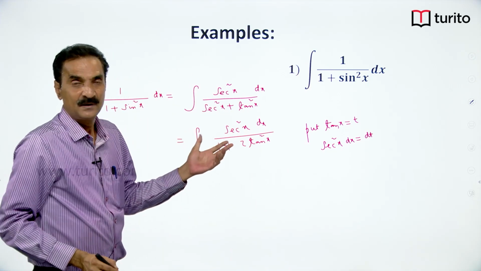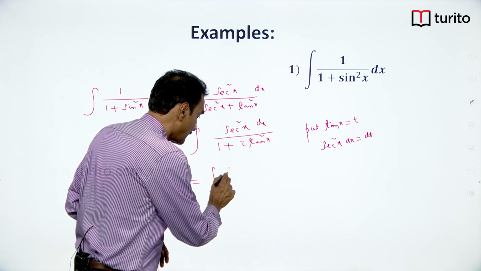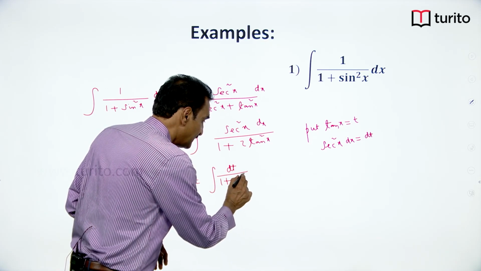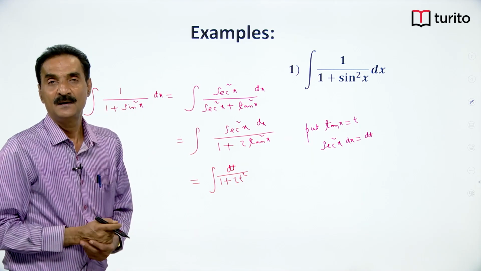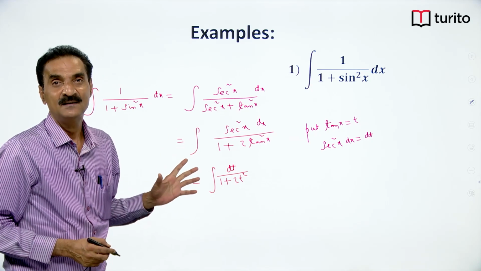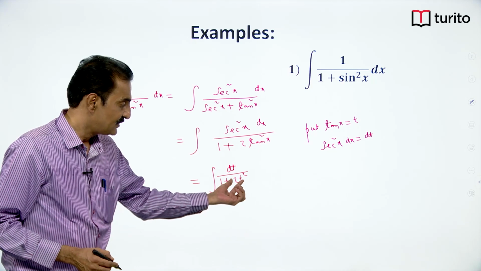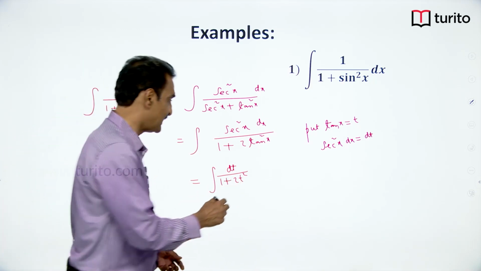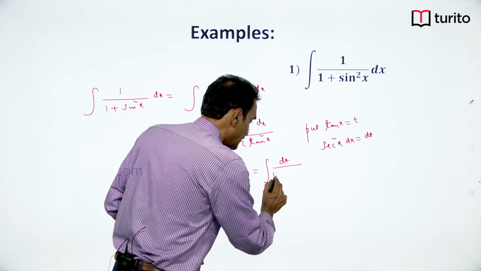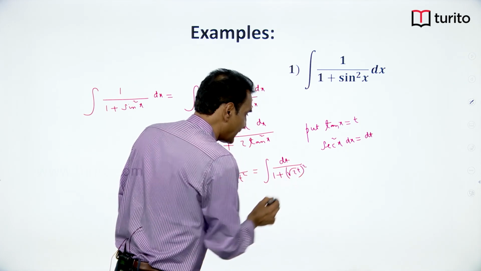Then this will be integral dt upon 1 plus 2t square. It is now in the form of 1 by 1 plus x square. What is the integral? Tan inverse x. You should write 2t square as root 2t whole square, dt by 1 plus root 2t whole square.